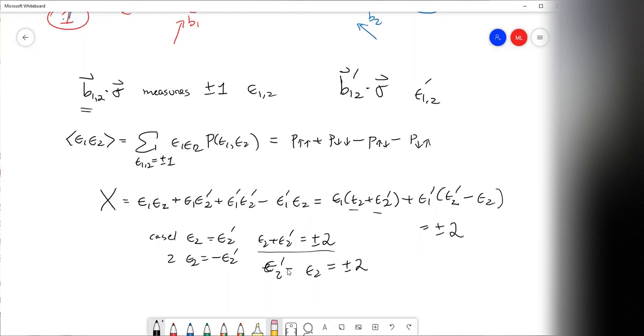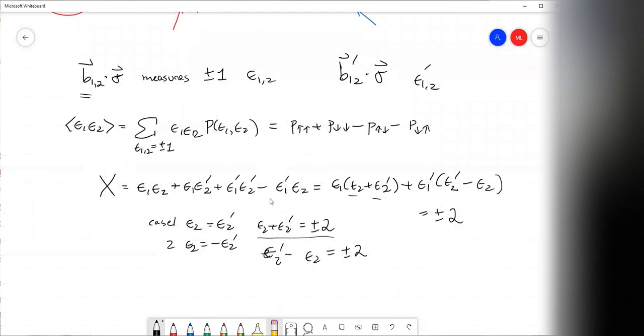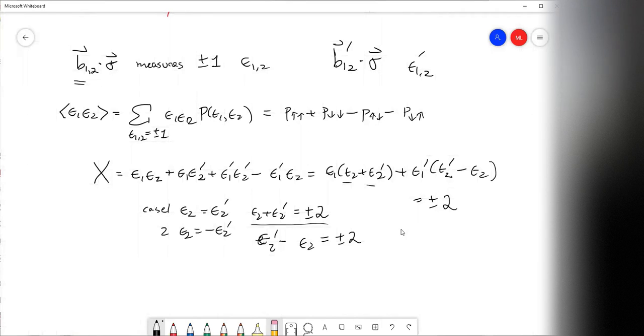Either this is 1 minus minus 1, so that's 2, or it's minus 1 minus plus 1, so that's minus 2. So those are the only possibilities. And so X is always plus or minus 2. So if you were to construct such a thing under this assumption of being able to think about the results of those measurements for those spins simultaneously, then the only possibility here is that X is plus or minus 2.